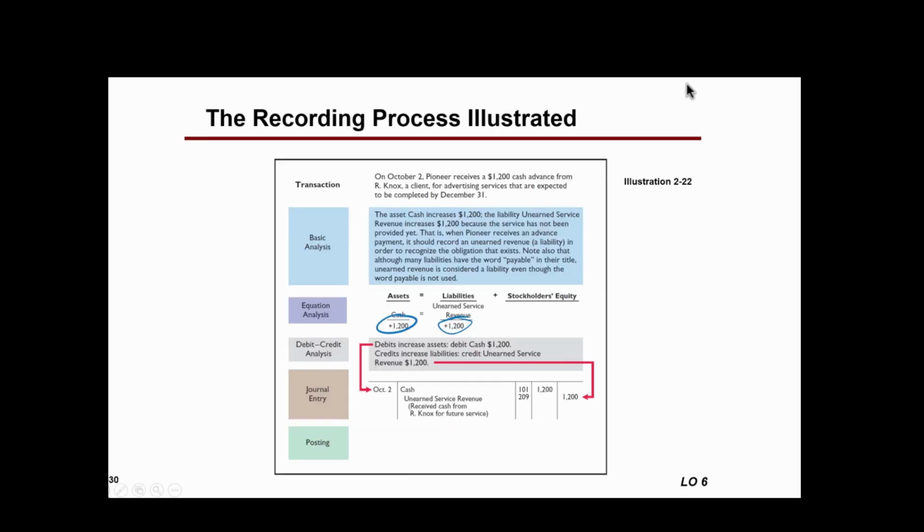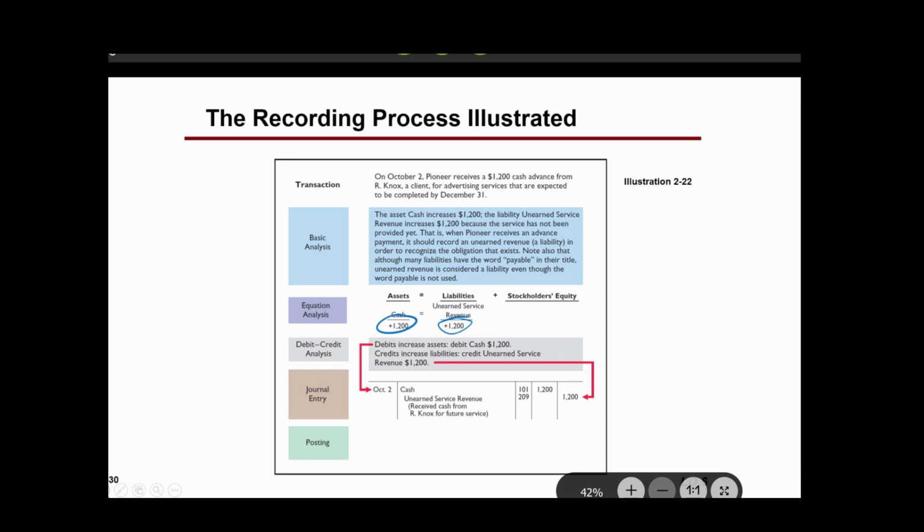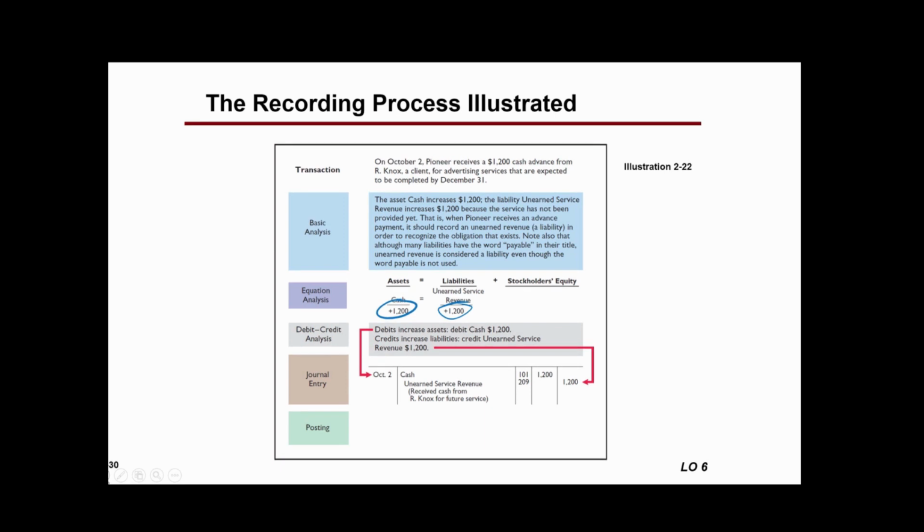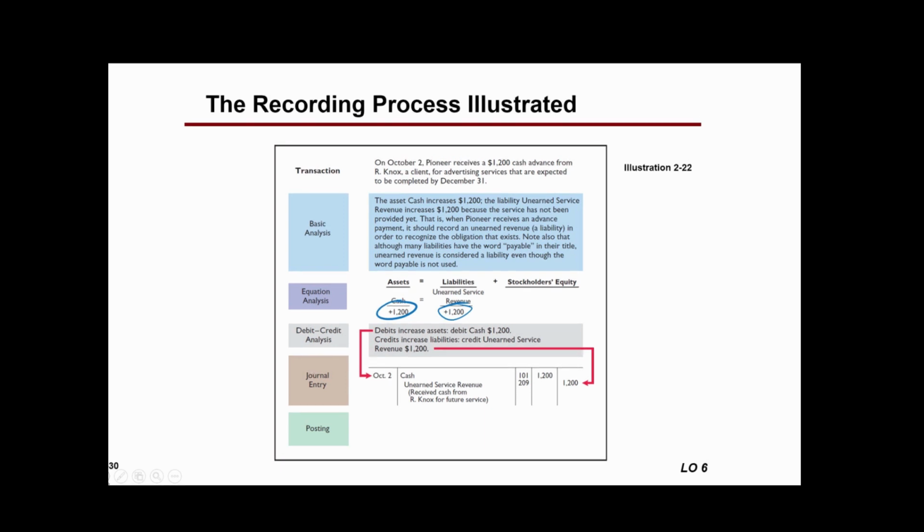Okay? So the journal entry will be, as usual, remember, we have October 2nd, we have the date, then we put first the debit account, so we debit cash, 1,200, and then next we put the credit account, or the account that was credited, which is, in this case, unearned service revenue.